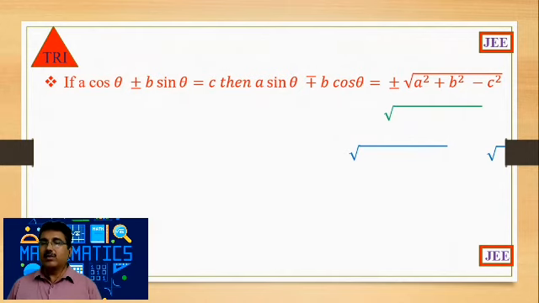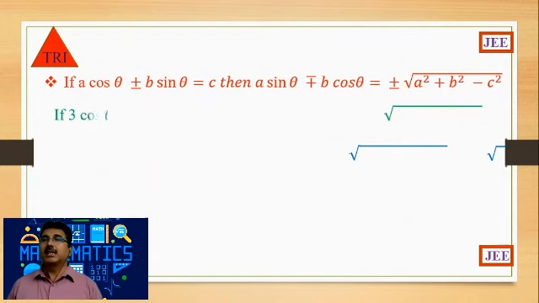Now, squaring and adding the two equations, we get k is equal to plus or minus square root of a square plus b square minus c square. Okay, right? Now see some examples.